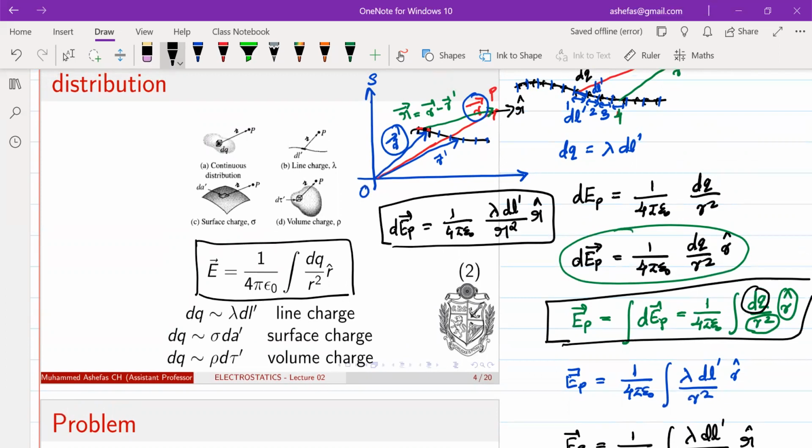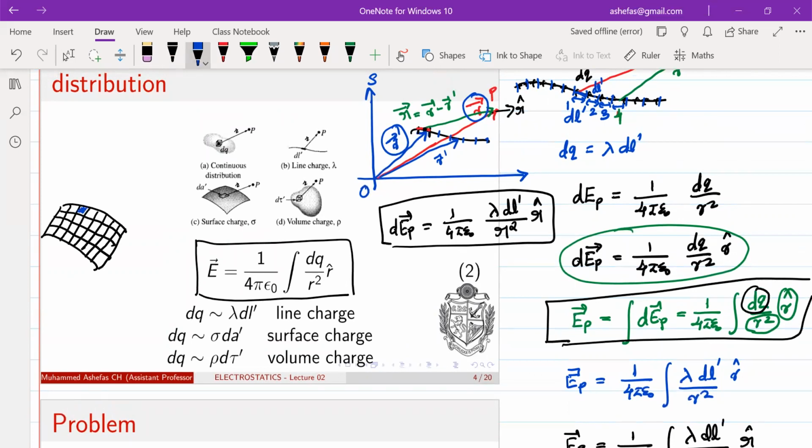If we have a surface charge, the surface charge can be divided into a large number of infinitesimal areas.